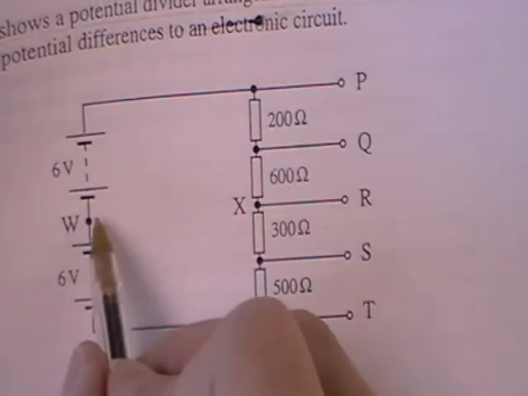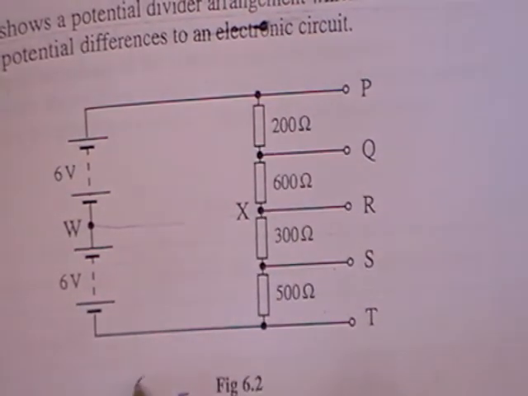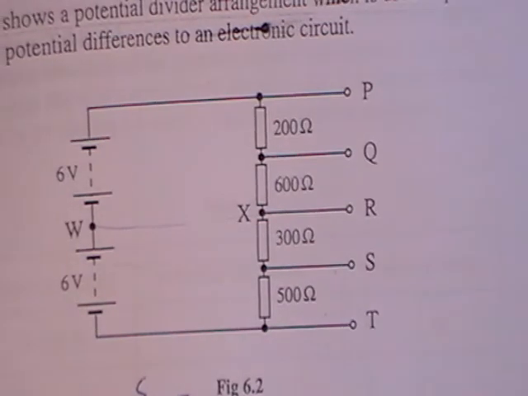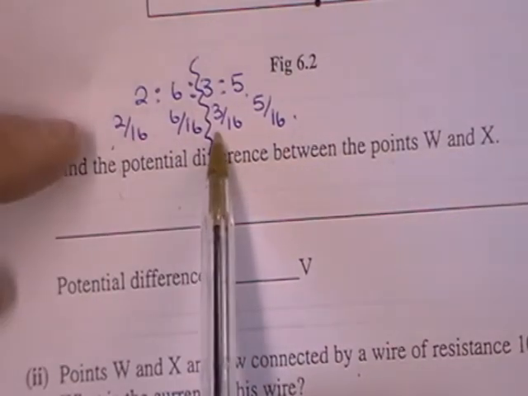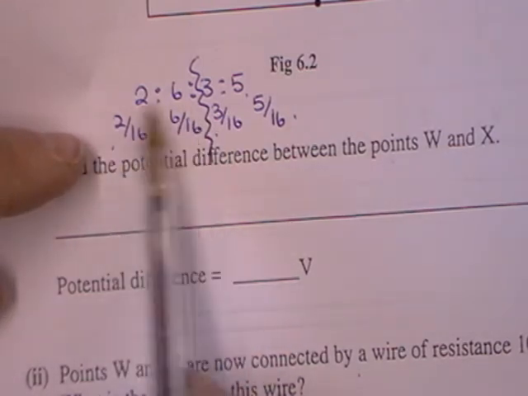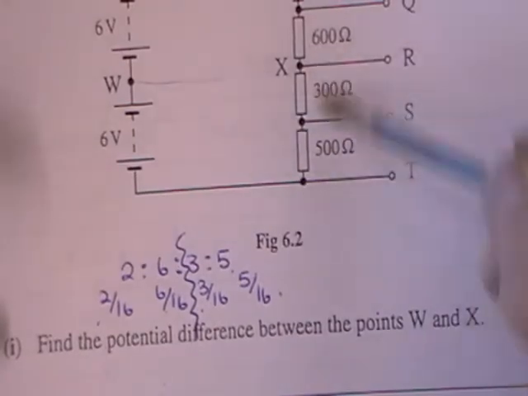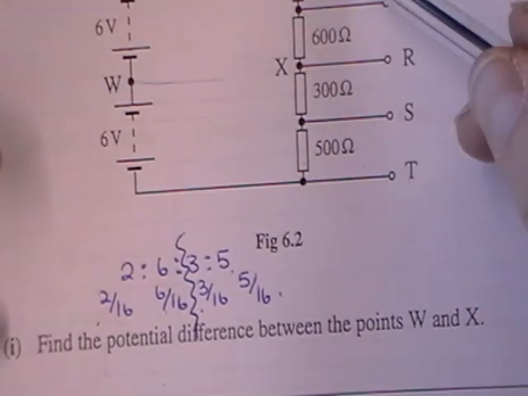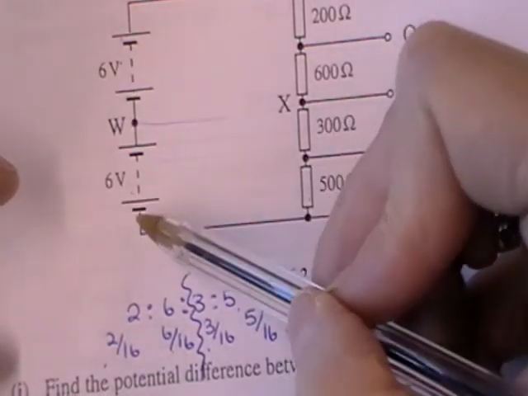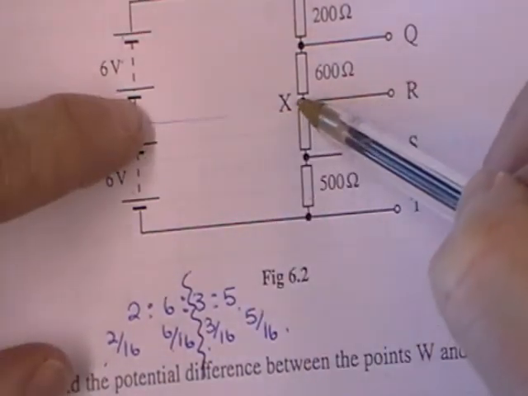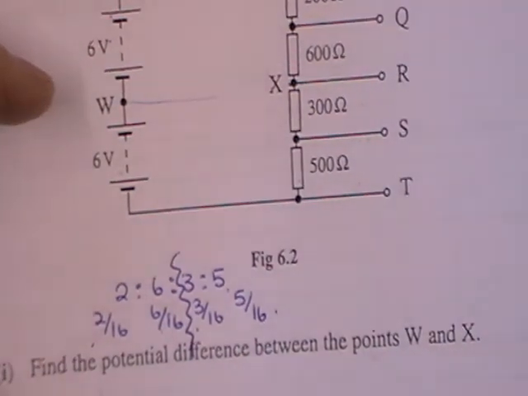Now, it's going to be connected across here if there is anything connected, and therefore we've got a total of 2 and 6 over 16, in total that's 8/16, which is half. And since that resistance there is half of the total resistance, and this voltage is half of the total voltage, therefore the potential difference between here and here is just going to be 0, because you have 6 volts in total across here, and so the potential difference is just 0.